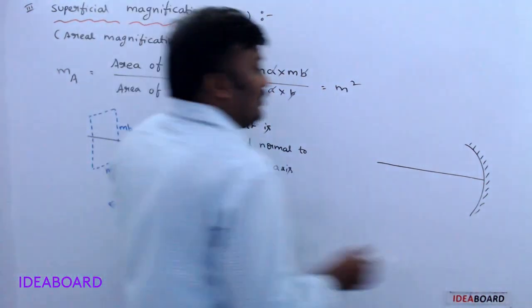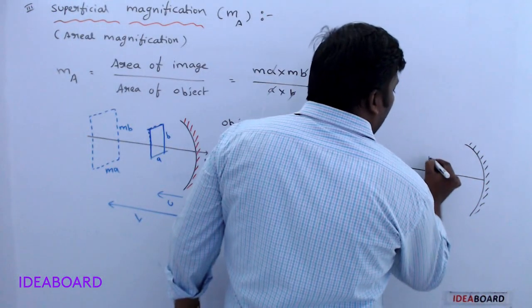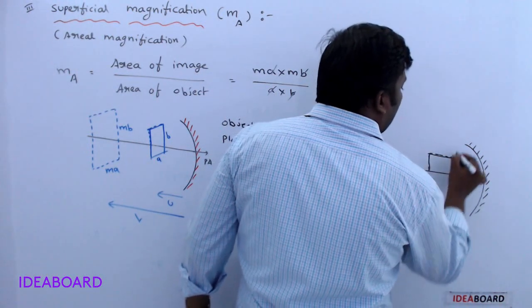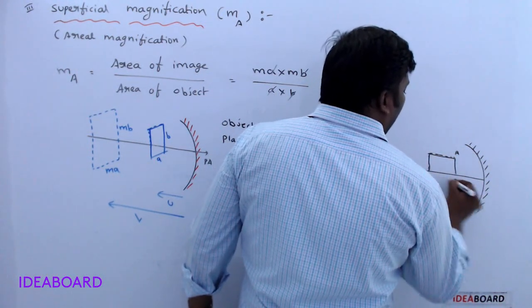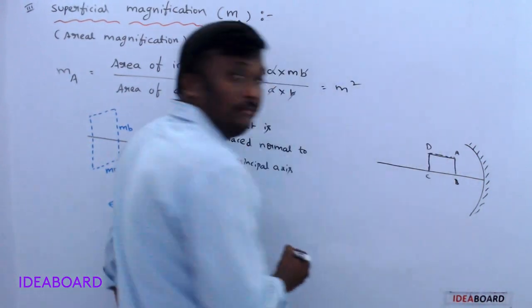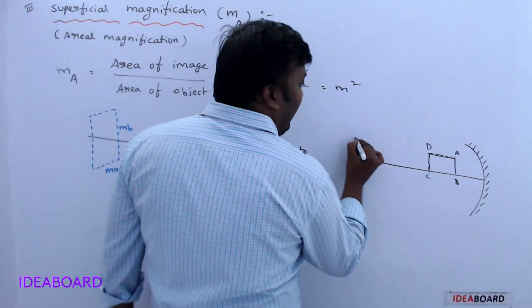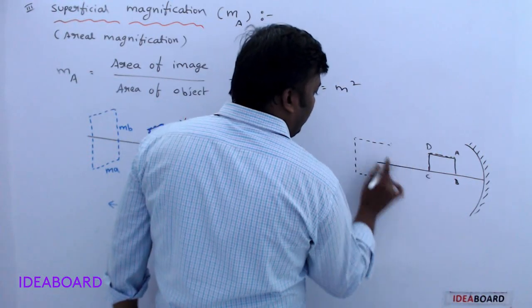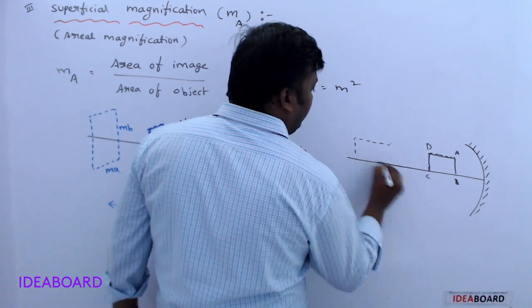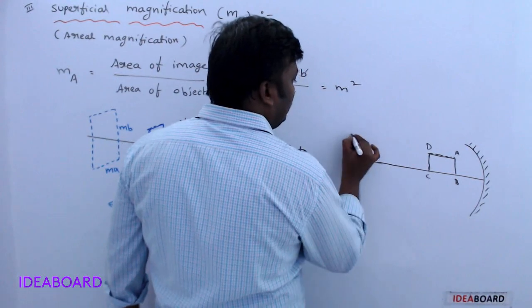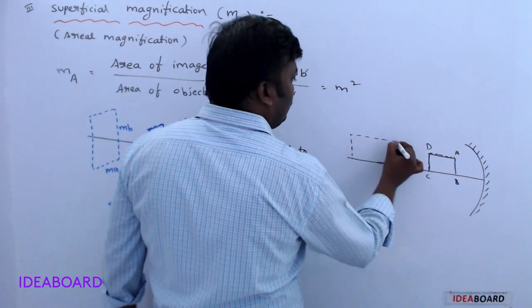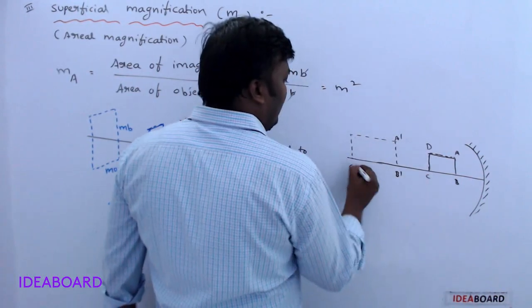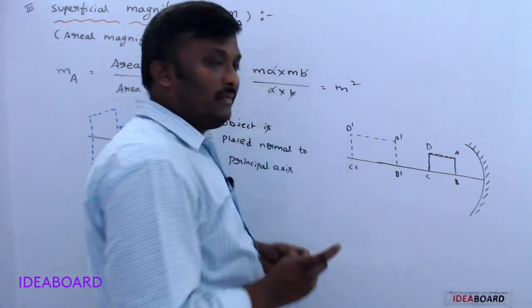Let us take an object here, A, B, C, D, and its image is formed like this: A dash, B dash, C dash, D dash.